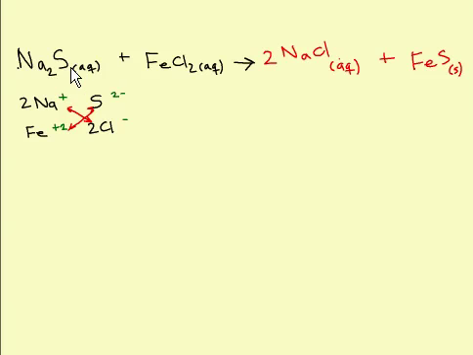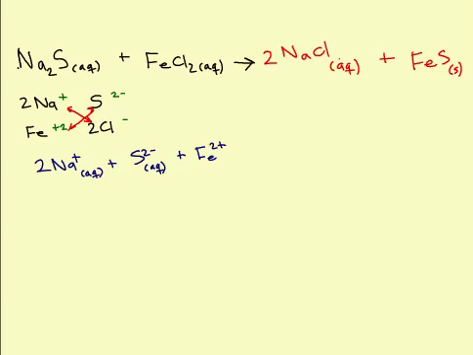Now let's look at writing out my ionic. To write out my ionic, I'm going to separate all my strong electrolytes into the ions. This is how they actually are dissolved in water. Since my sodium sulfide is AQ, my ions are going to be separated into 2 sodiums and 1 sulfide.